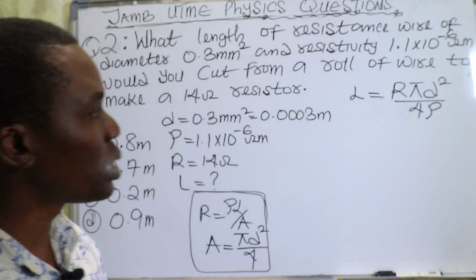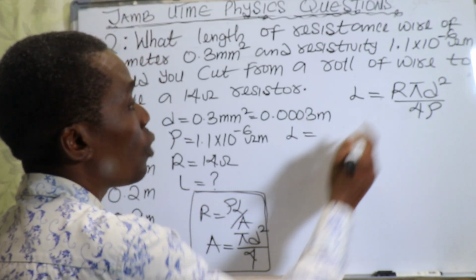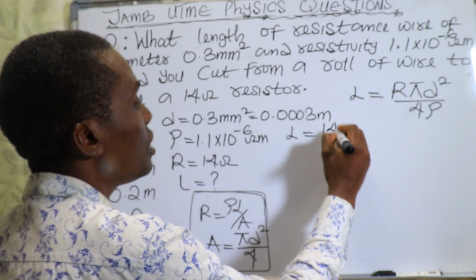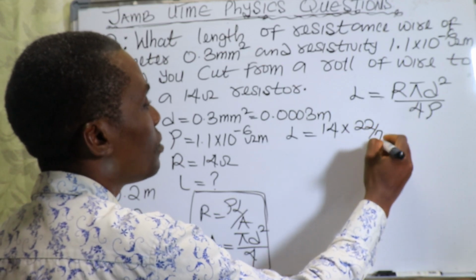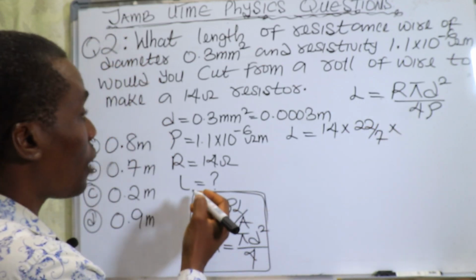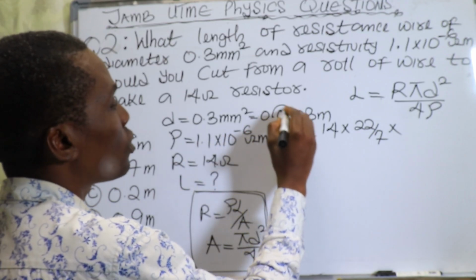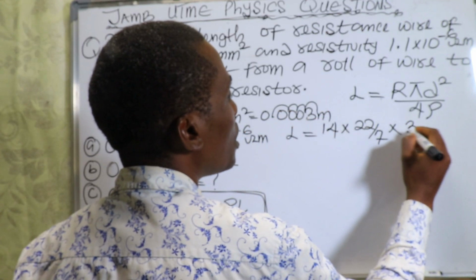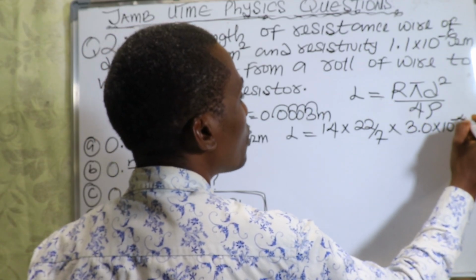Now we'll go back to the question we want to solve. We want to find the length. Now the length will be equal to resistance, which they gave us, 14, times pi, 22 divided by 7, times the d. The d they gave us, this one will give us 3.0 times 10 to the power of minus 4.